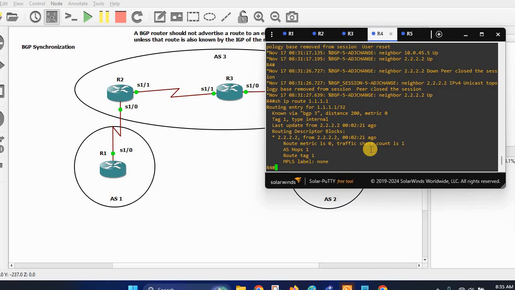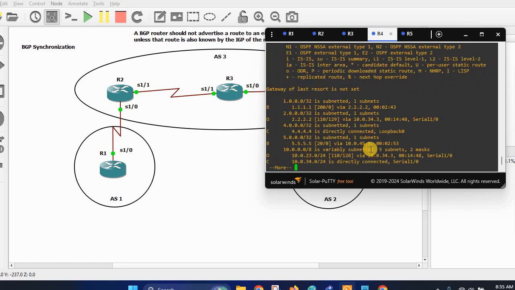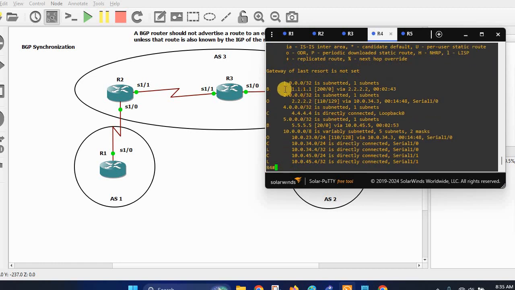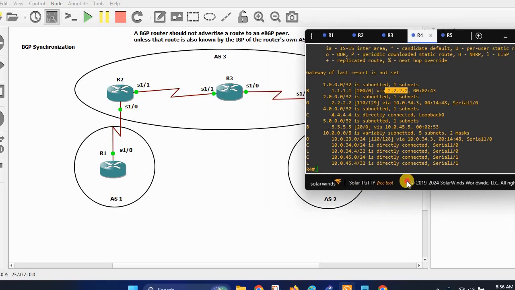If you see in the BGP routing table, show IP route, for the 1.x network, this is the next hop. So again I will explain everything.